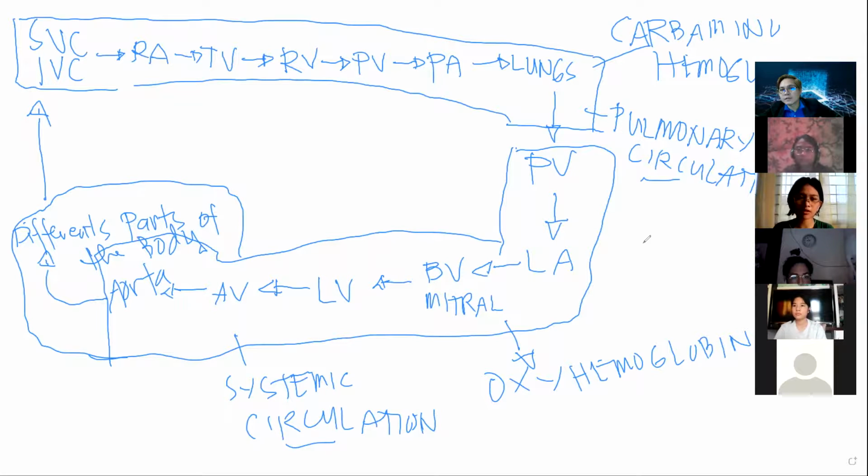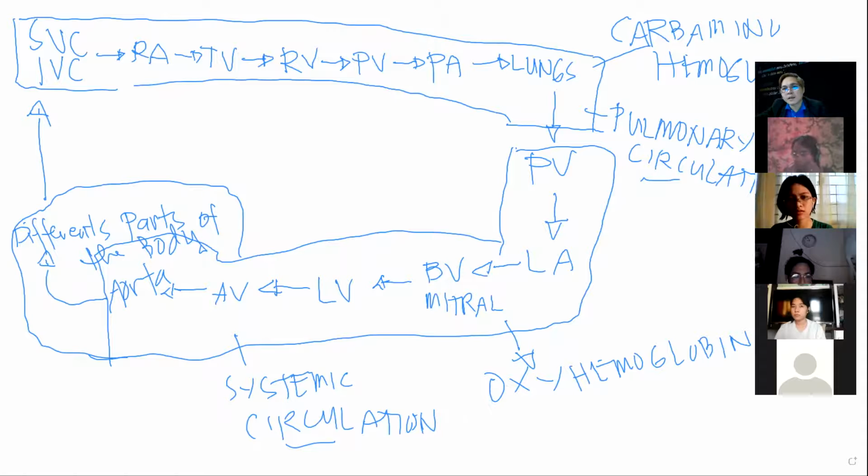the carbaminohemoglobin, where does it belong? Does it only belong to the lungs? Yes. Carbaminohemoglobin, meaning to say it carries carbon dioxide. How about the pulmonary circulation, the lungs and the PV1?